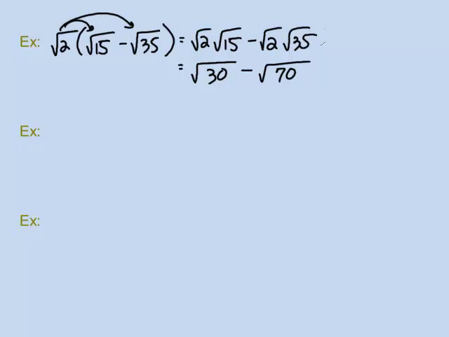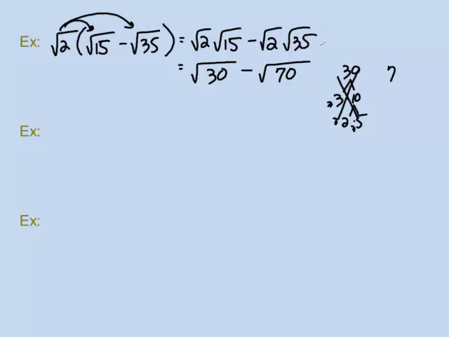Now, those are not matching radicals. We can't combine them as written because it's subtraction. So, are there any perfect squares in either 30 or 70? If you break 30 down, 30 is 3 times 10, and 10 will break down again to 2 times 5. But notice that none of those factors appear twice, and therefore 30 has no perfect squares in it, so there's nothing we can do to simplify that.